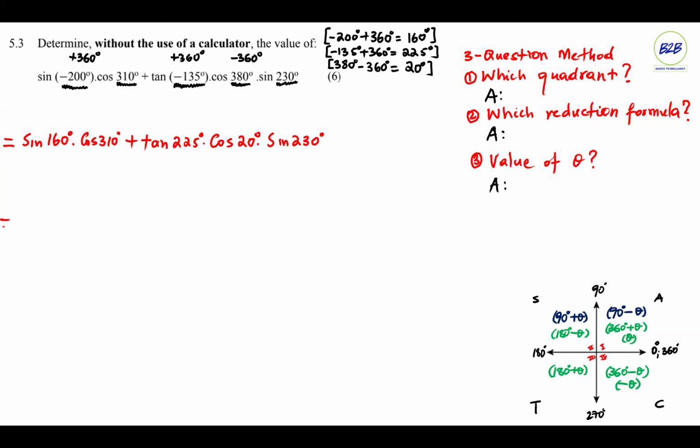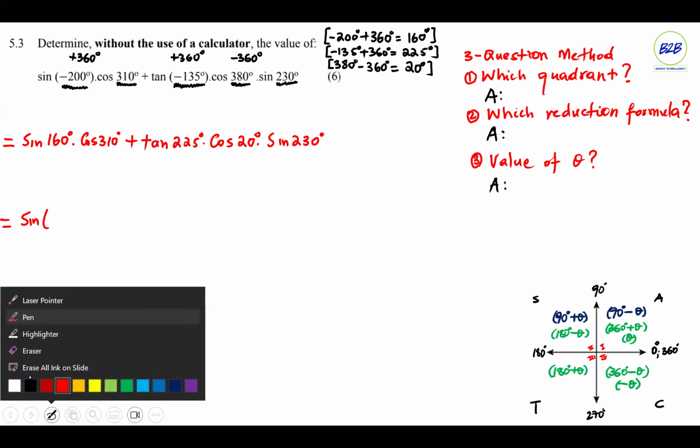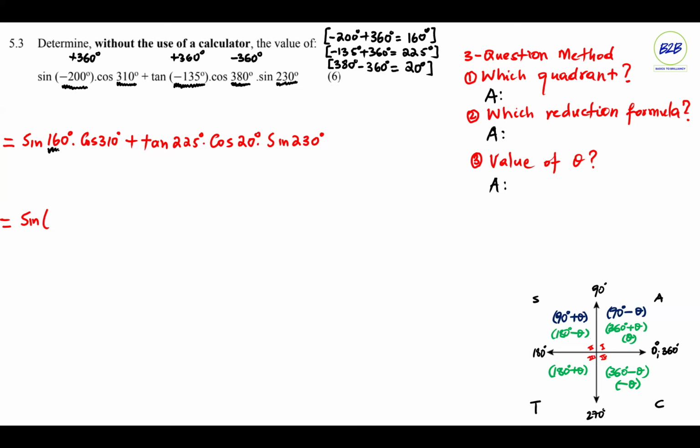We will then apply our 3-question method. You say, oh, okay, we have here 160 degrees. Which quadrant has 160 degrees? Previously, we saw that it is the second quadrant. And then we ask ourselves, which reduction formula is in the second quadrant?